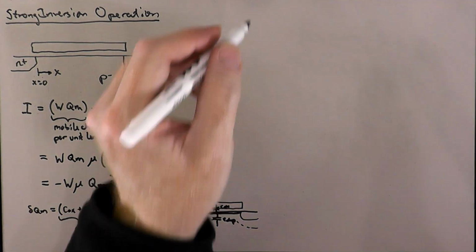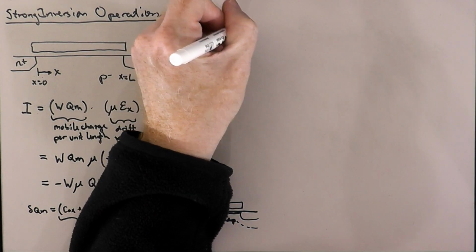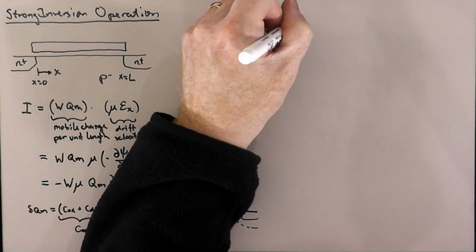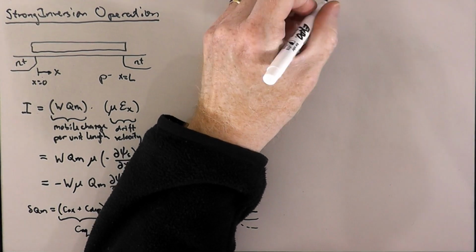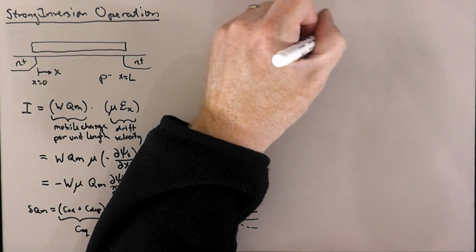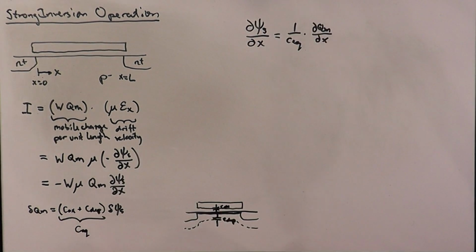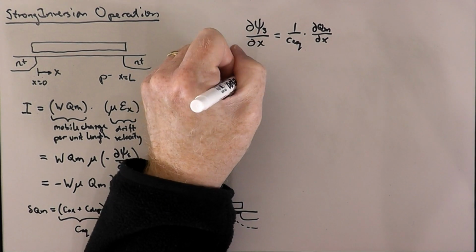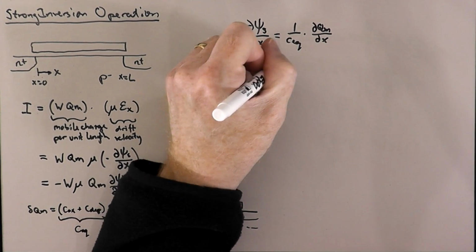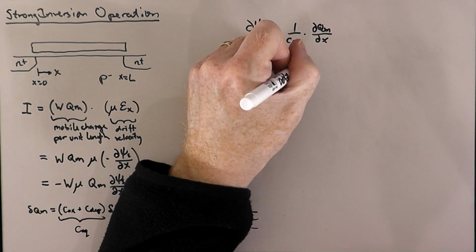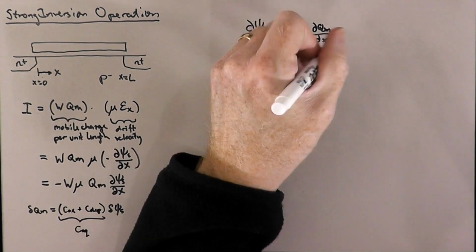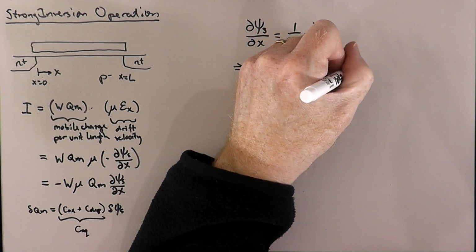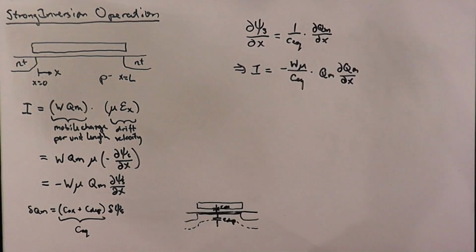That basically tells us that we can express d psi s dx as 1 over C equivalent times dQm dx. And so therefore we can substitute that in and write I as equal to minus W mu over C equivalent times Qm dQm dx. Okay?